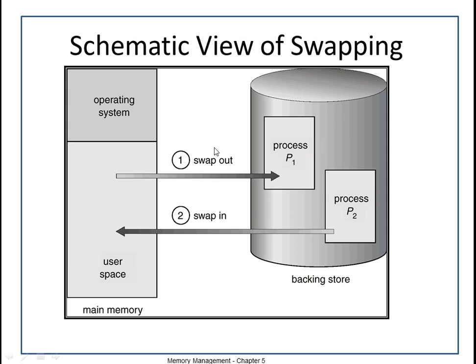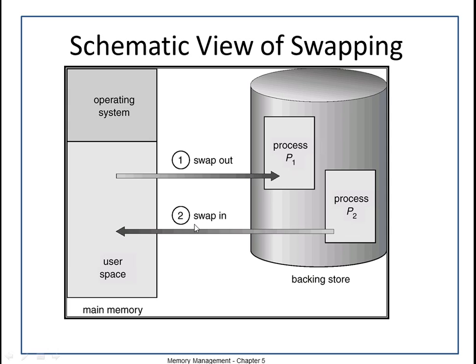Now we are performing swap out, that is roll out, and swap in, that is roll in operation here. When we are transferring a process from main memory to the backing storage, it is called swap out. And when we are transferring any process from the backing storage to the main memory, it is called swap in.